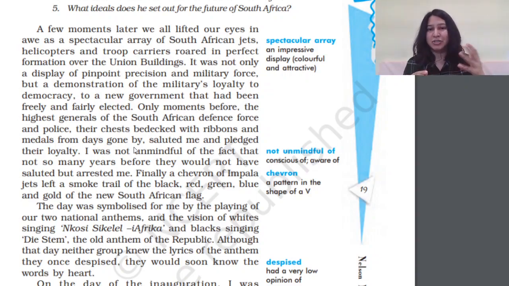So this is sort of ironic. But Mandela is just pointing to it, not discussing it in detail. He talks about how he was not unmindful of the fact that these same generals and policemen who were saluting him would have arrested him because of the apartheid laws.